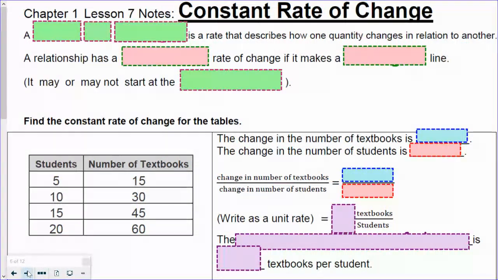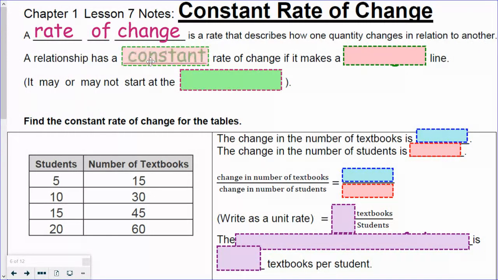All right, so this is chapter 1 and lesson 7 in our textbook. We have constant rate of change. Sometimes it might be the acronym CROC, C-R-O-C, so we know what that stands for. So a rate of change is a rate that describes how one quantity changes in relation to another.